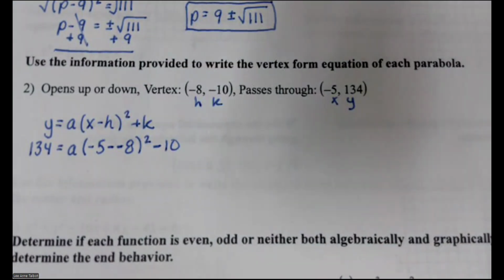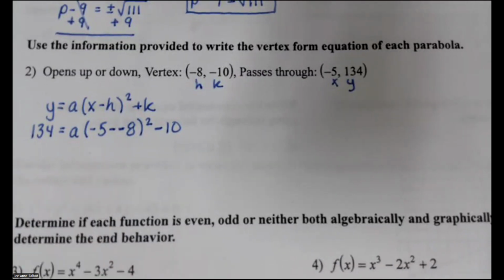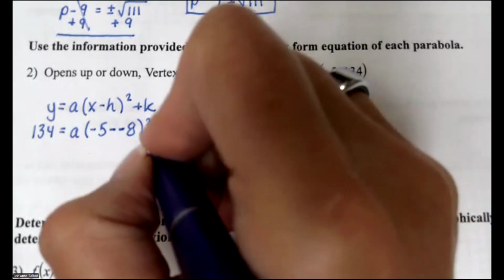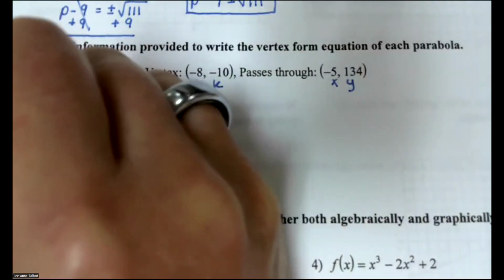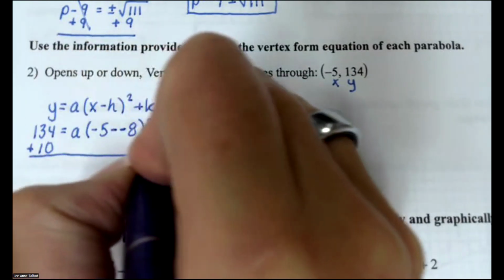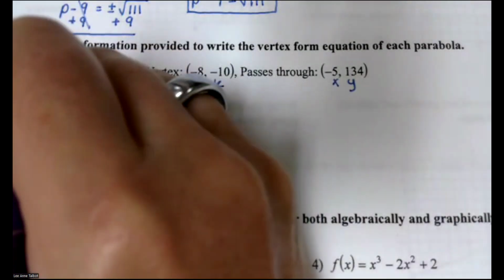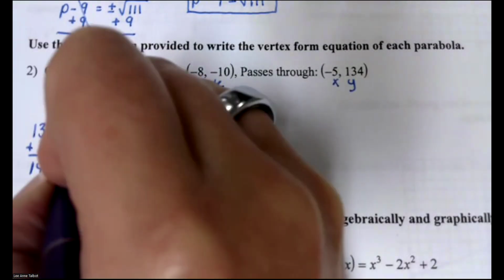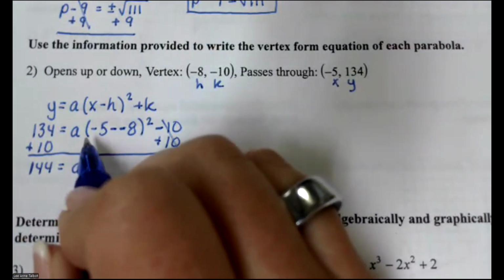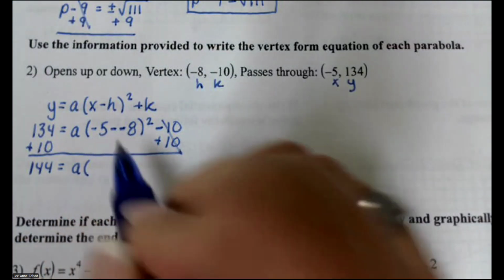Okay, be super careful with your negatives. Get that 10 out of there before we do some illegal combining unlike terms. Okay, so what is -5 minus -8? 3.